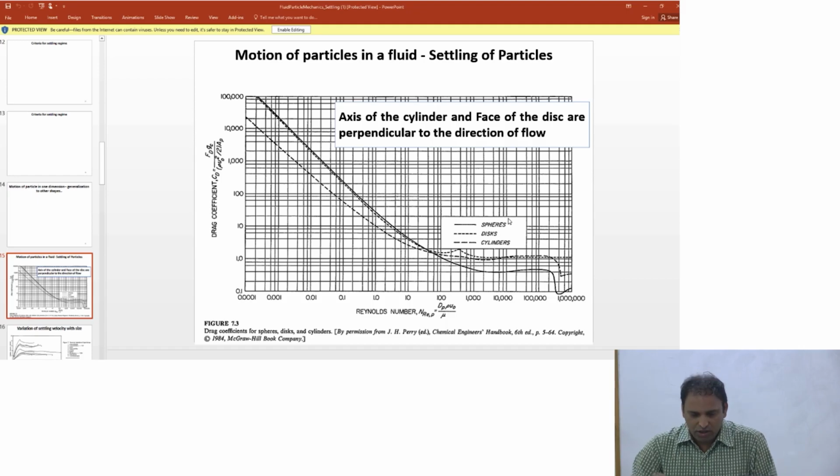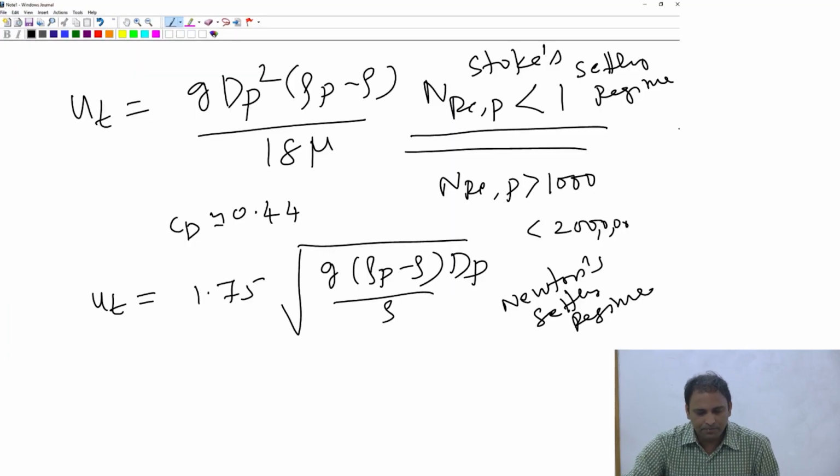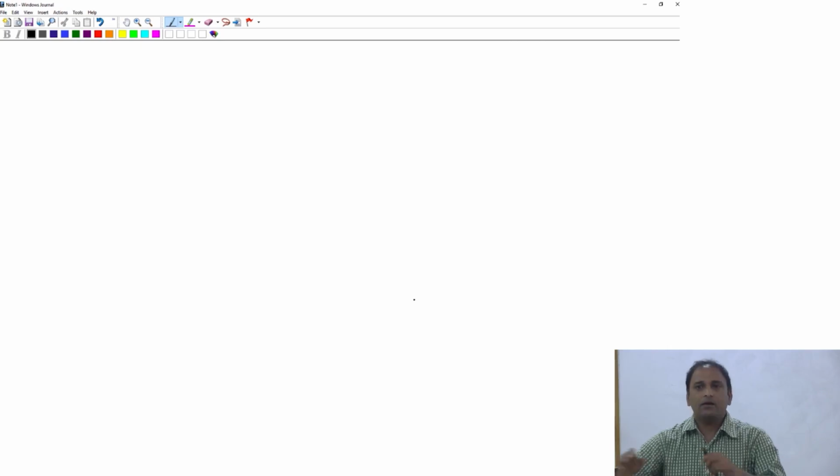Now, say that a problem is given to you and they want you to calculate the settling velocity of the particles. Okay, now how would you go about doing this? Say there's a particle of 100 micrometer diameter.